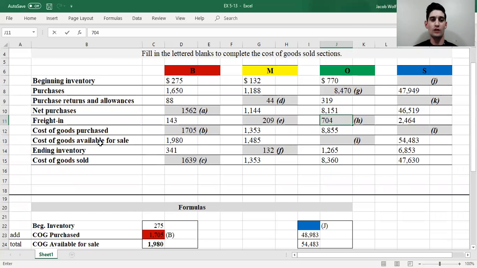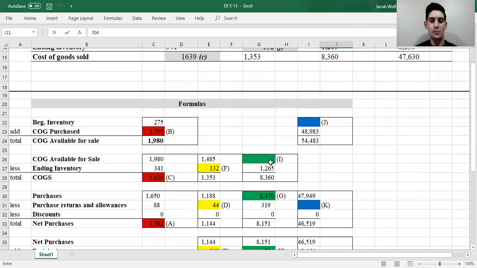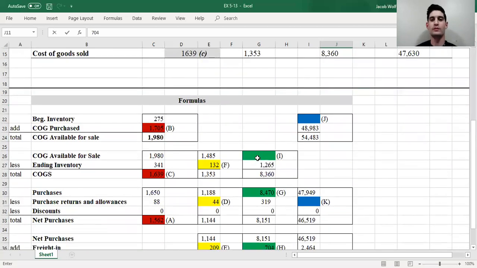All right, so for cost of goods available for sale, I'm going to be solving for I for company O. Cost of goods available for sale is the formula where we take cost of goods sold and then subtract ending inventory.